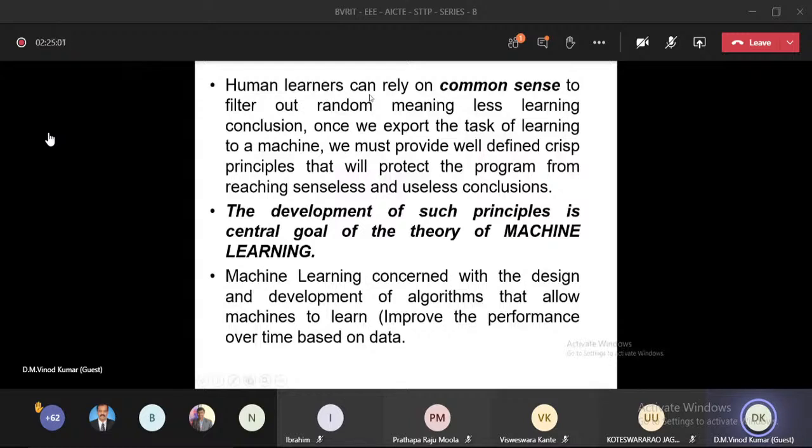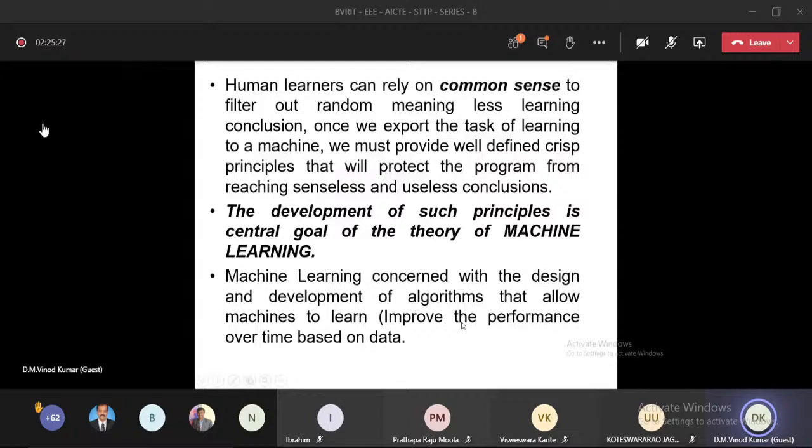Once we outsource the task of learning to a machine, we must provide well-defined, crisp principles that will protect the program from reaching senseless and useless conclusions. Therefore, the development of such principles is the central goal of the theory of machine learning.